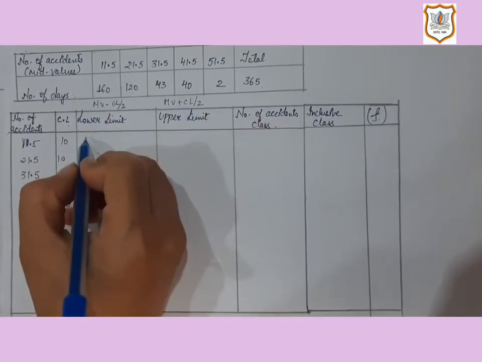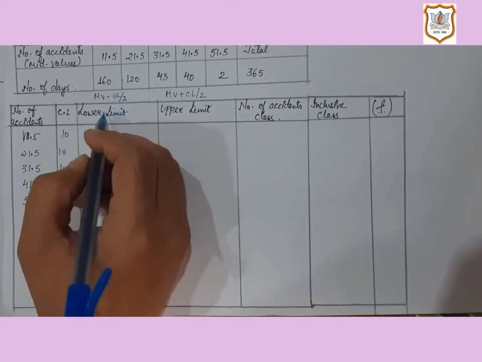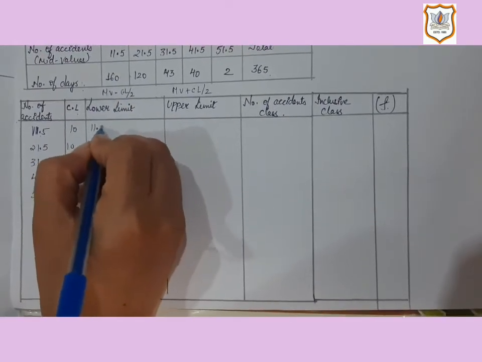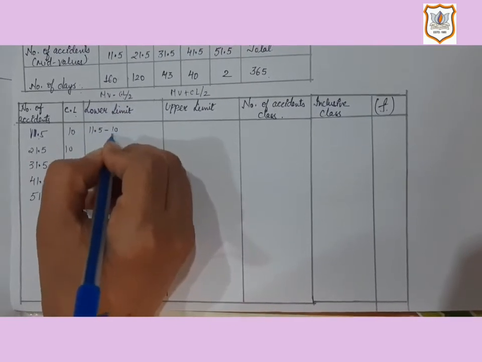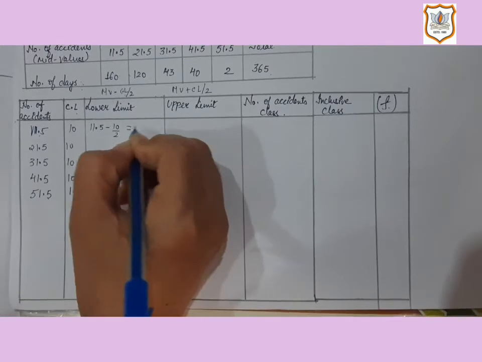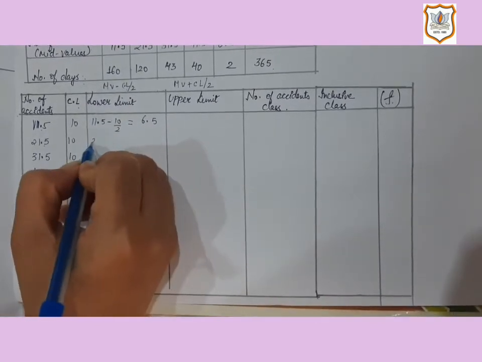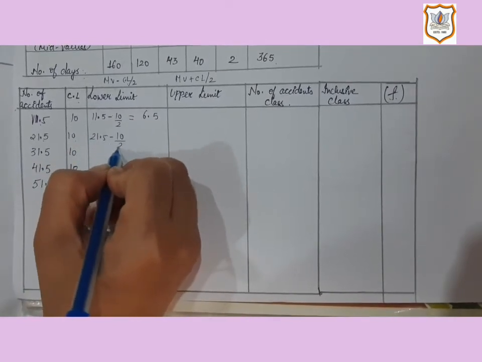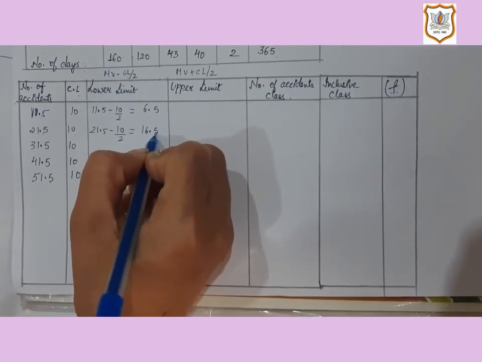So let's solve this. Mid value minus class length divided by 2. Mid value here is 11.5 minus class length, 10, divided by 2. That gives you 6.5. Next, mid value is 21.5. Class length is 10 divided by 2. That will give you 16.5.